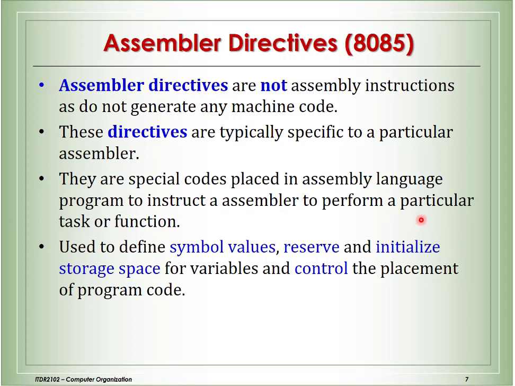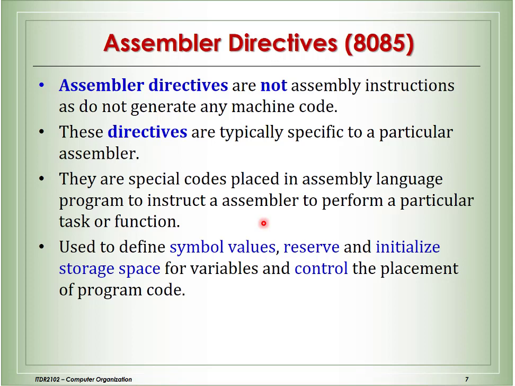I already gave you the example of ORG 0200. Another example is the END directive. The END directive tells the assembler that this is the end of the source file. So if you write END at the end of the program, this directive will tell the assembler that this is the end of the source file.